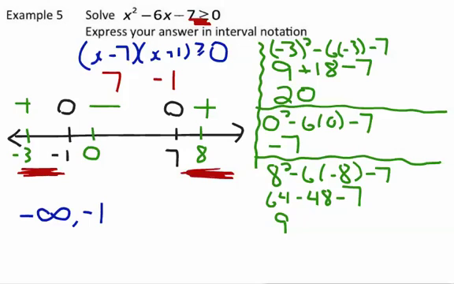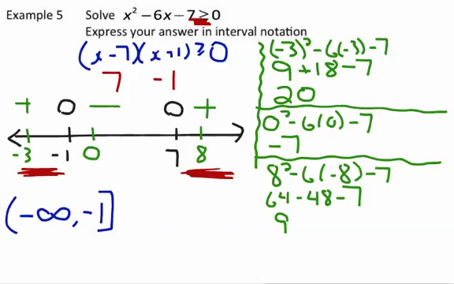Now for the brackets, negative infinity takes care of itself. We can't get there. It's got to be rounded. Negative 1, however, we need to refer back to the original inequality. I want to know whether x squared minus 6x minus 7 is greater than or equal to 0. That or equal to part tells us that negative 1 is going to have a square bracket.